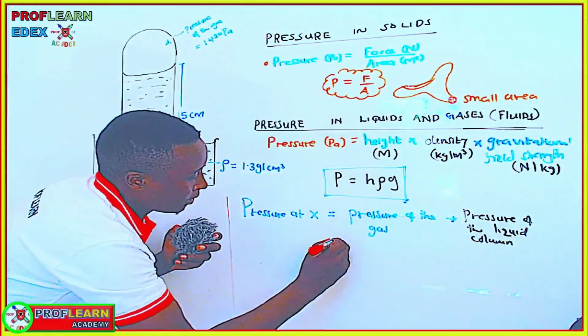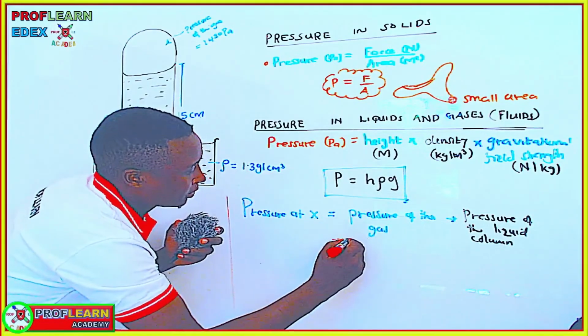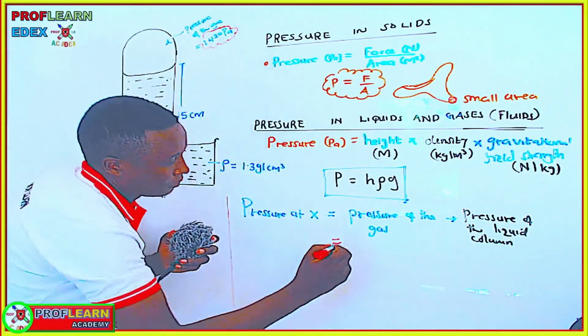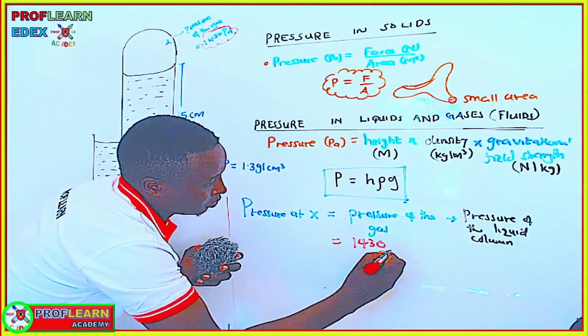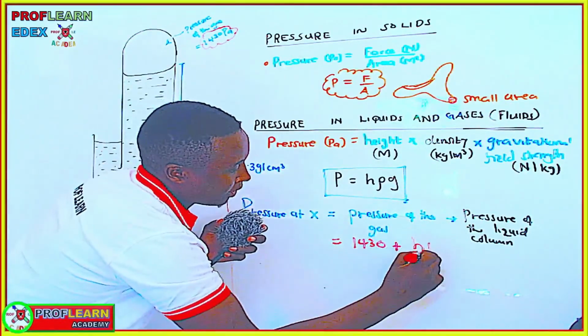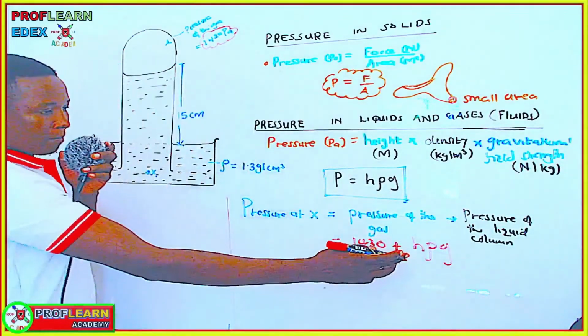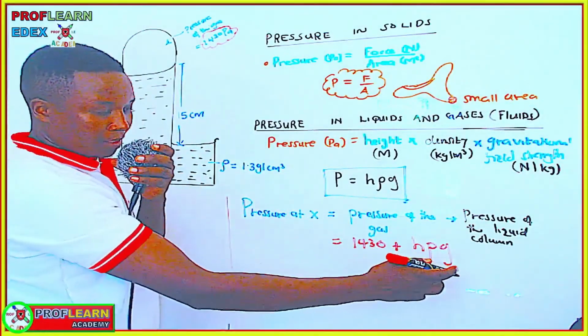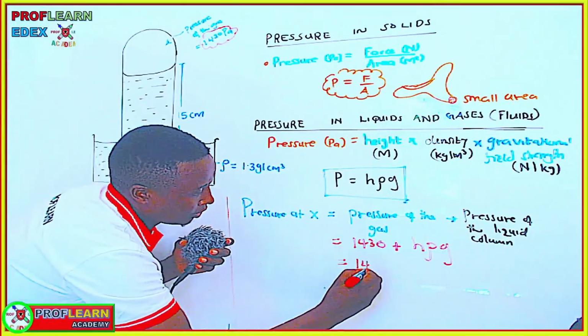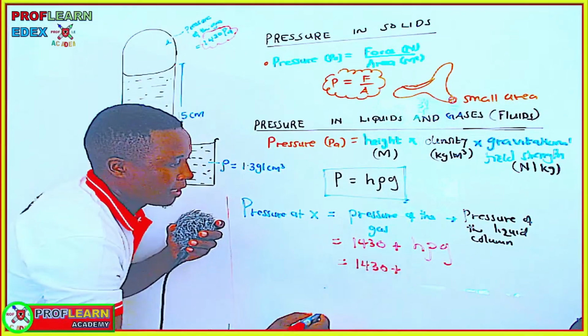I'm going to say the pressure of the gas, which was given as 1430 pascals, plus the pressure of the liquid column, which is given by h rho g, height times density times gravity. So this translates to 1430 plus height.